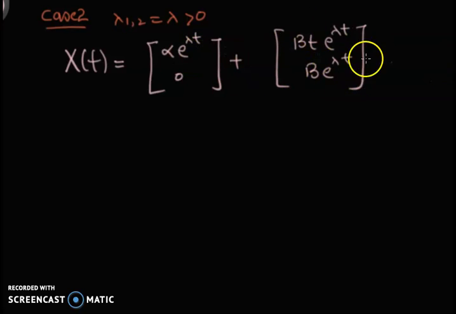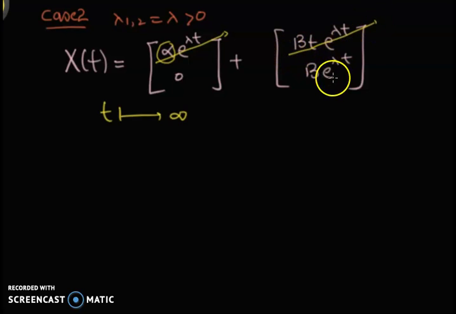Now if lambda is greater than 0, then as t goes to infinity, what will happen to all of these terms? This term will move towards plus infinity or minus infinity, depending on alpha. In other words, it will be moving away from (0, 0). This term will also be moving away, and this term will also be moving away.